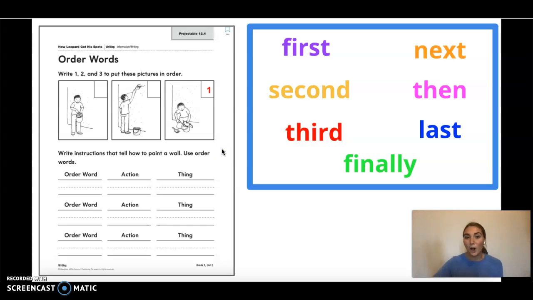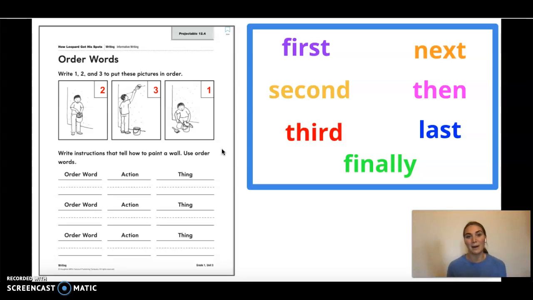I see that the boy is opening the can of paint. Which picture would come second? In this picture, I see that the boy is dipping his brush in the paint. So that must mean the last step is to paint the wall.